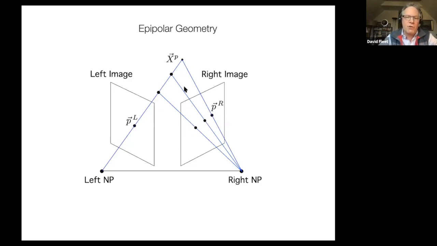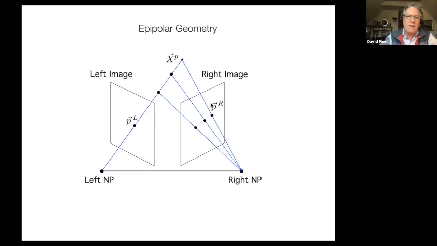And I know that to be true for the following reason: any point along this ray that goes to the left nodal point, if I project it through the right nodal point, lies in the epipolar plane. And the intersection of the epipolar plane with the right image plane, the intersection of any two planes, is a line.